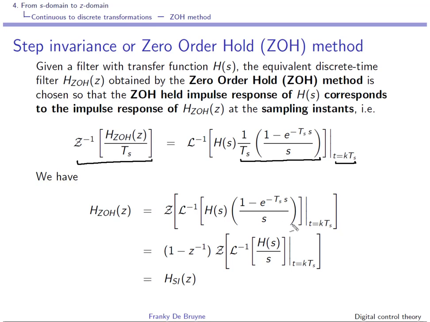Because we have linearity of the Laplace transform and the Z transform, we can cancel out the TS and the 1 over TS over here and take the Z transform on both sides, and you obtain the expression of the zero order hold discrete time equivalent filter of this transfer function over here.